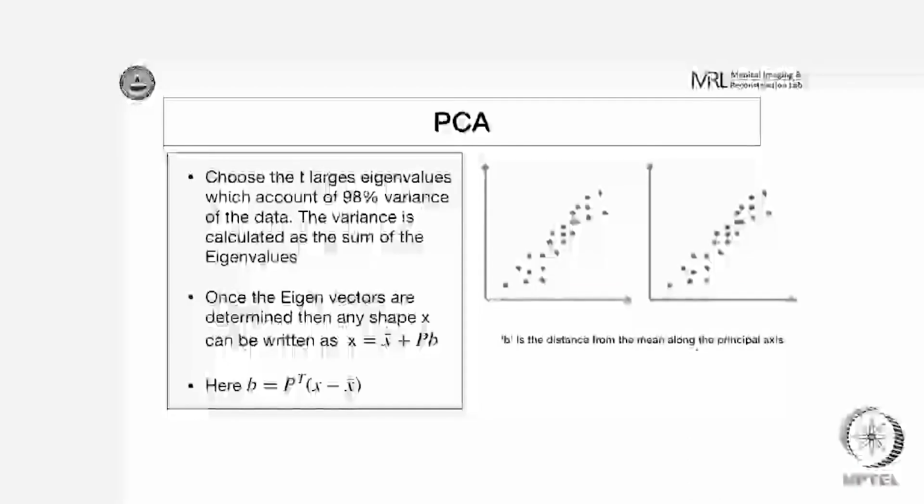This is our P eigenvectors, this is our P. Any arbitrary point, let's say some x, we can project to here, to x prime. And what is b? b is nothing but the distance along this axis. That's the coordinate of that point in the new axis. This distance I have indicated here, that's your b.